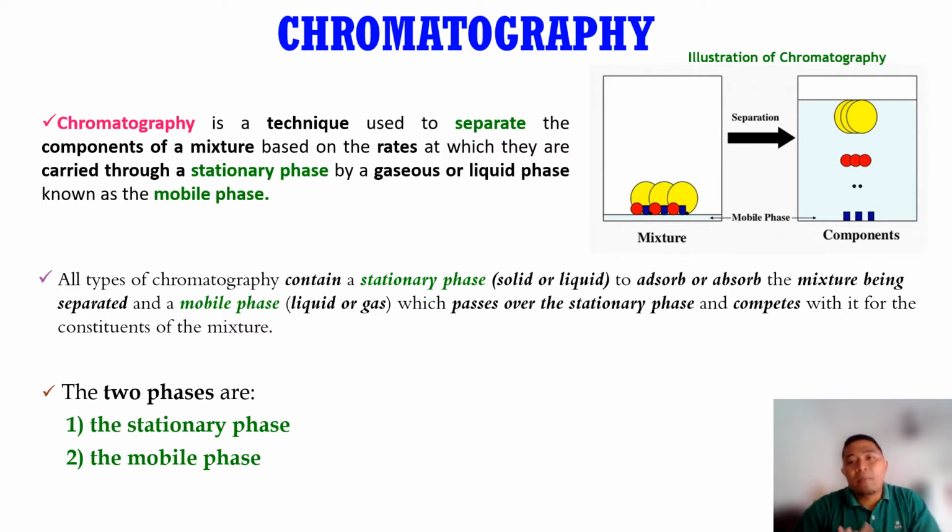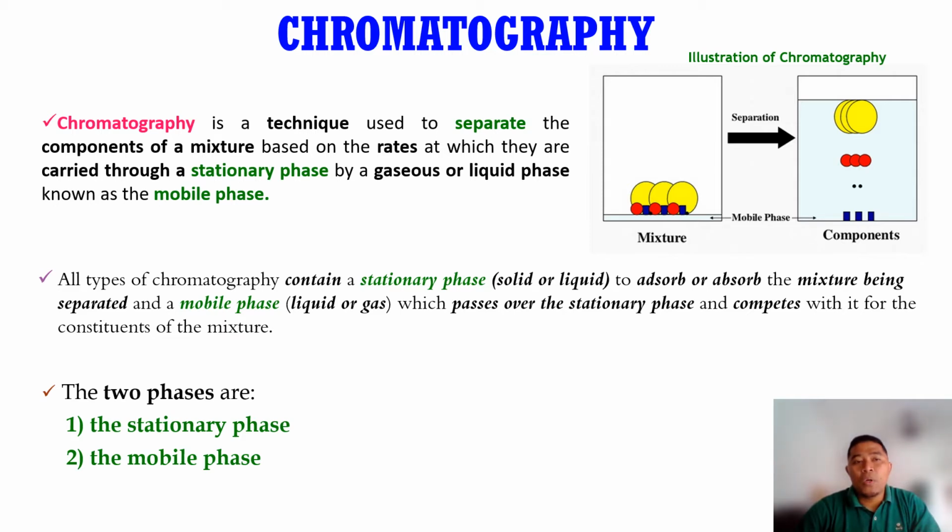Chromatography is a technique used to separate the components of a mixture based on the rates at which they are carried through a stationary phase by a gaseous or liquid phase known as the mobile phase. The mobile phase has only two possibilities, either gaseous or liquid phase.